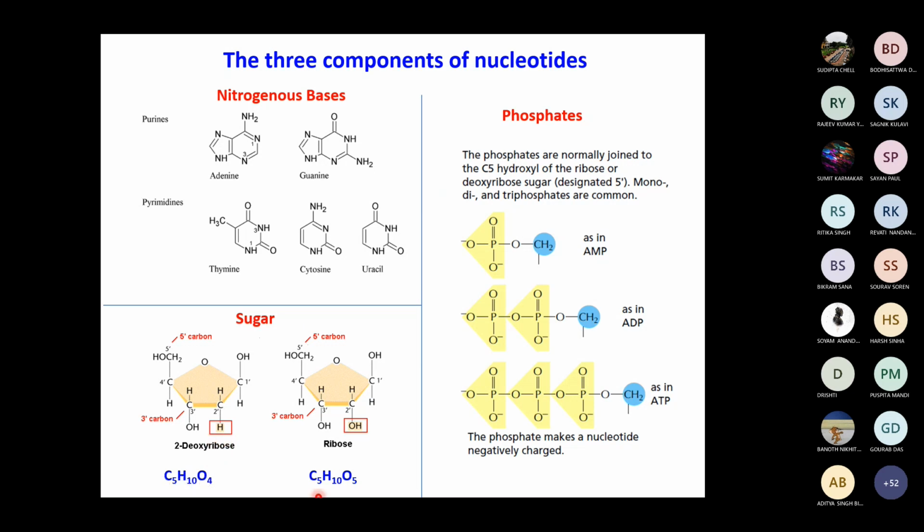So if you look at the chemical formula, in ribose we have the formula C5H10O5. In deoxyribose, we have C5H10O4. One oxygen is missing in deoxyribose.